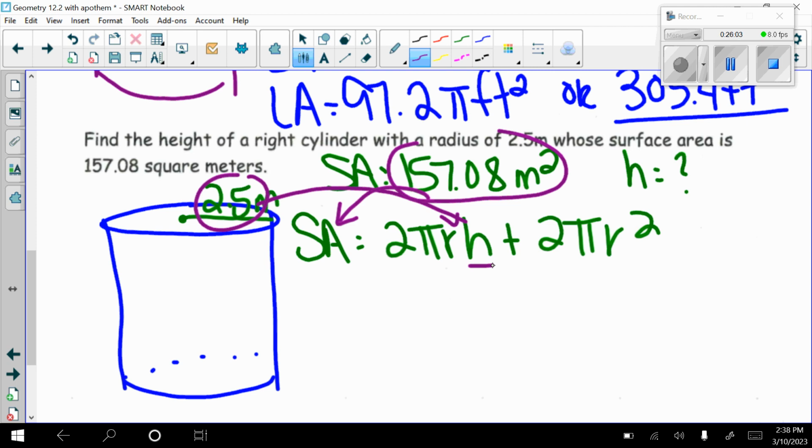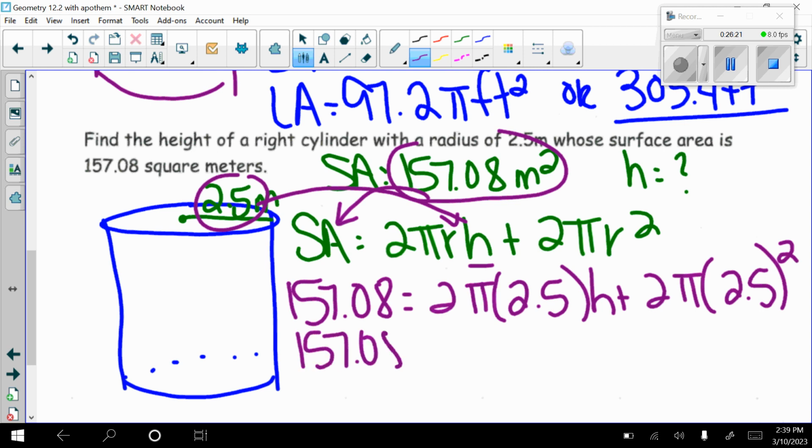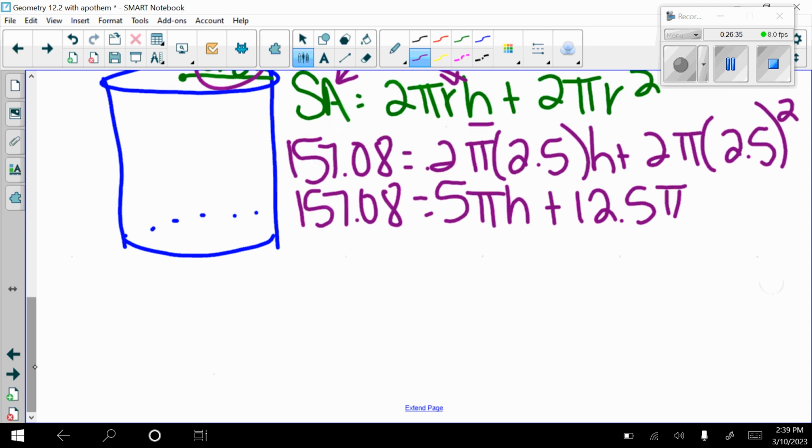So I'm going to replace surface area with 157.08 equals 2 pi, my radius, 2.5, h, that's what I'm looking for, plus 2 pi, my radius, 2.5 squared. Here 2 times 2.5, that's 5 pi h, plus 2.5 squared, 12.5 pi. I'm going to multiply through by pi.